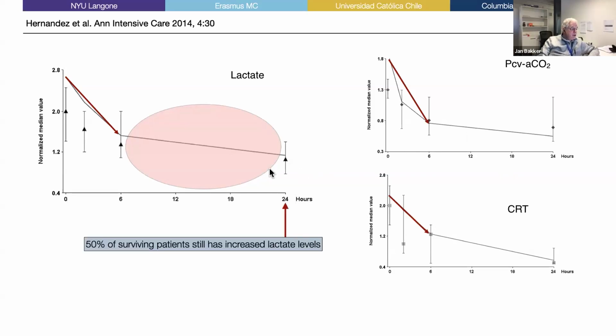And 50% of these surviving patients still had abnormal lactate at 24 hours. And so we said, this is probably something different than this phase. And this phase is probably more flow related, where this phase is probably more related to metabolism and clearance of lactate by the metabolism.